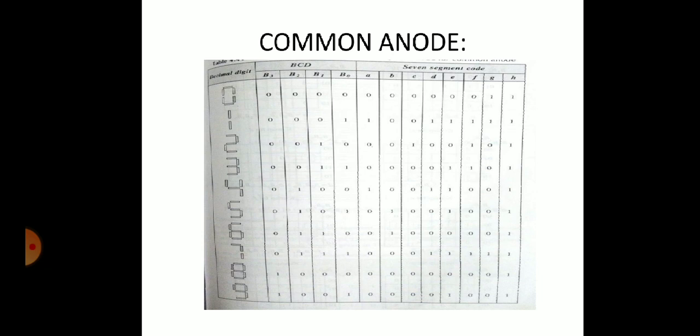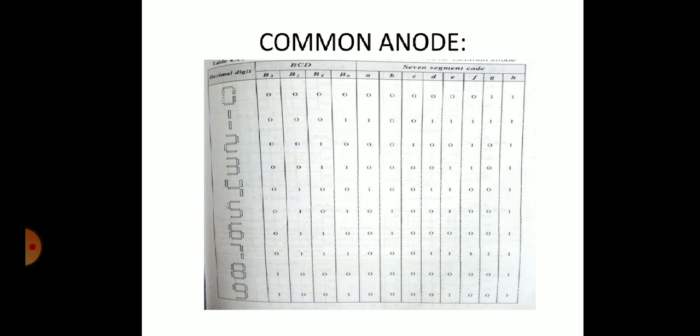Suppose 2, A, B will blink, C will be off, D, E will blink, F will be off, G will blink. So for 2, A, B are 0 0, C is 1, D, E are 0 0, F is 1, G is 0. H always 1 because it is common anode.